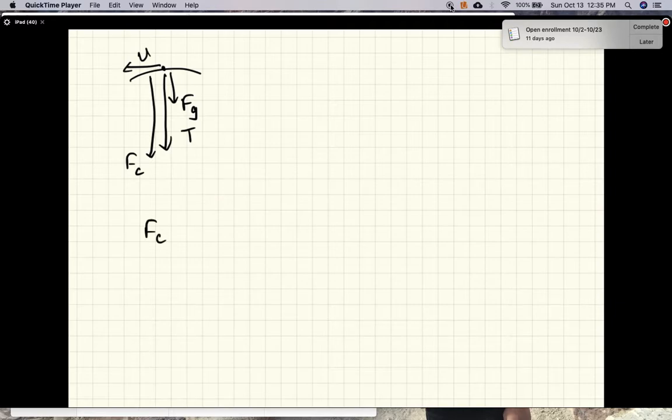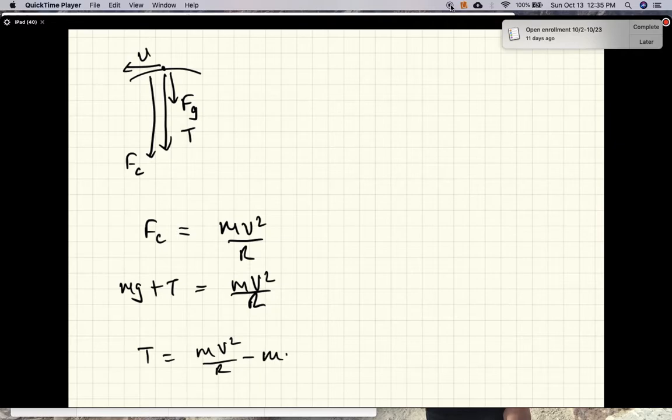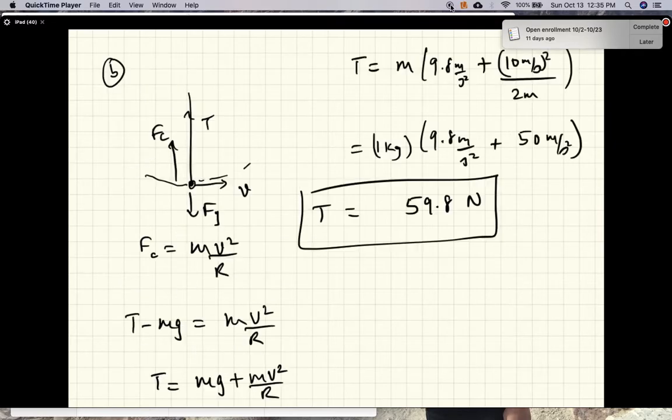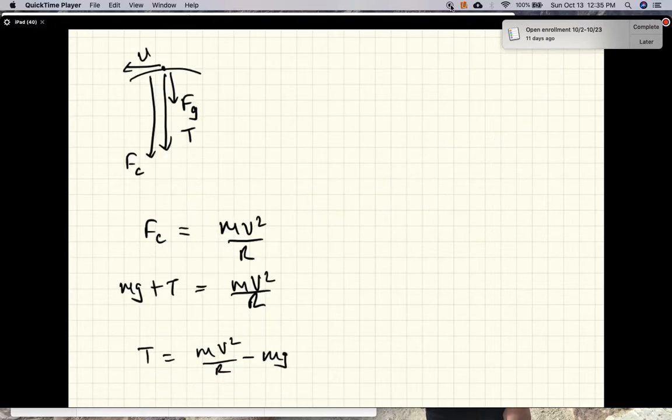So the centripetal force is mv squared by r, and this time it's mg plus tension is equal to the centripetal force. So now the tension is mv squared by r minus mg. Okay, so last time it was mv squared by r plus mg, and now it's mv squared by r minus mg.